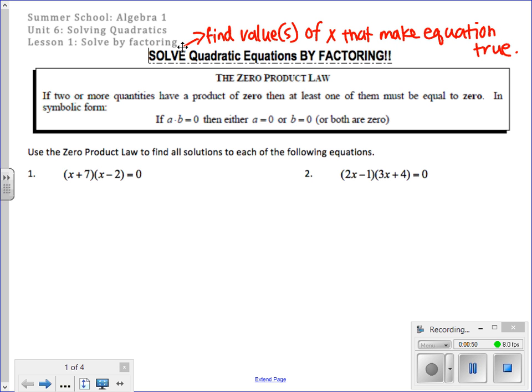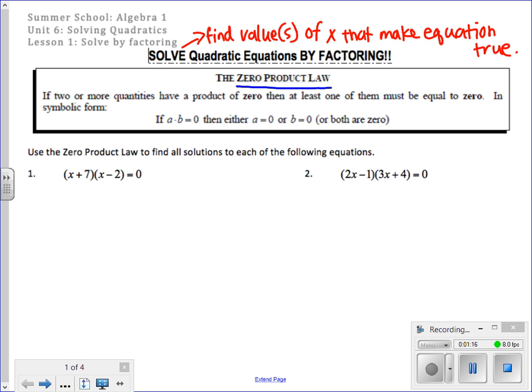What we use when we solve by factoring is something called the zero product law. The zero product law basically says that if you have two things multiplied together and their product, when they multiply together, the answer is 0, then one of those two numbers has to be 0.